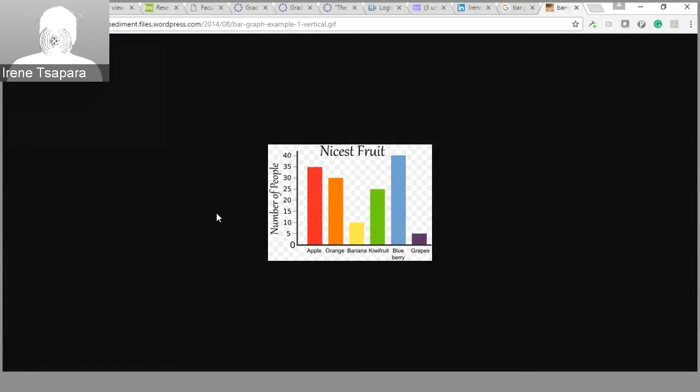These are not ranges. These are not classes. Also, the bar graphs have gaps in between because the different categories, because we're talking about categorical data here, have no connection with each other. That's why we don't make the bars collapse, to be next to each other.